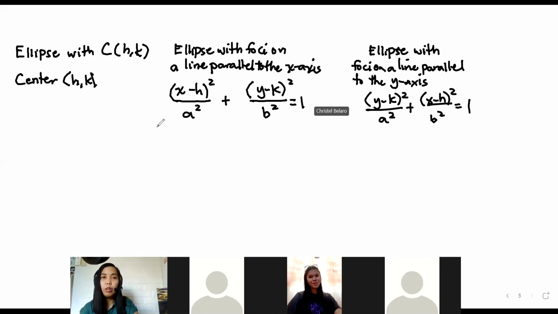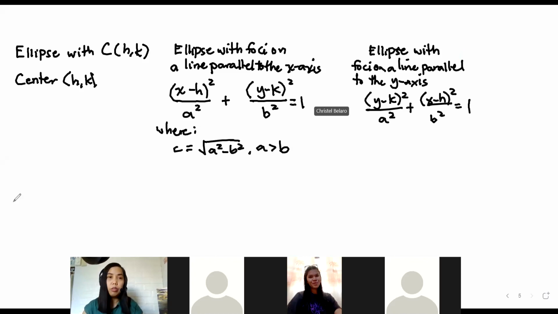Okay, so it's just the same to find c, that is square root of a squared minus b squared, where a should be greater than b.